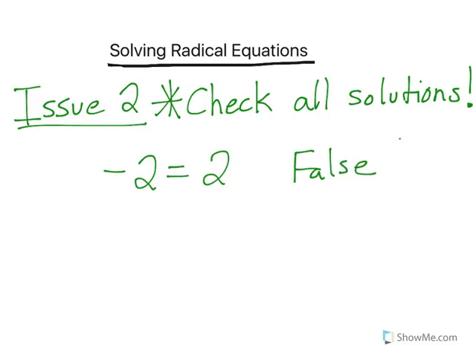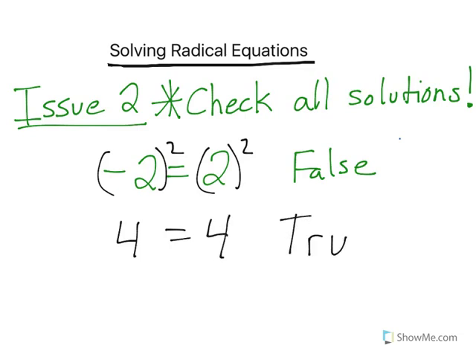Now, if we go ahead and we square both sides, we end up getting 4 equals 4, which is true. And the reason why that happened is because we squared a negative number, which then ended up changing to something that is positive. So whenever you have that change of something that was negative to positive, that usually indicates that that solution is going to be extraneous.